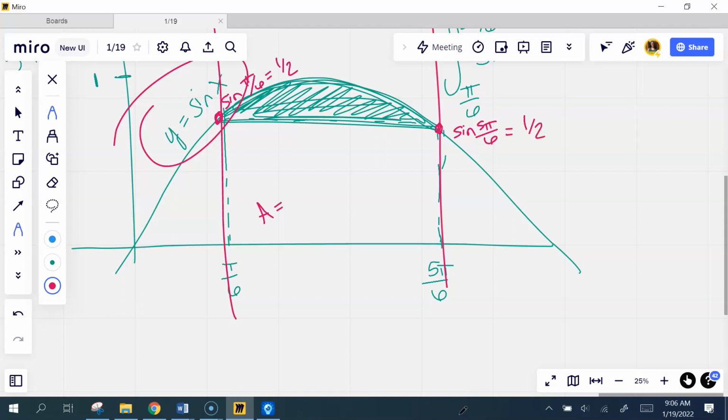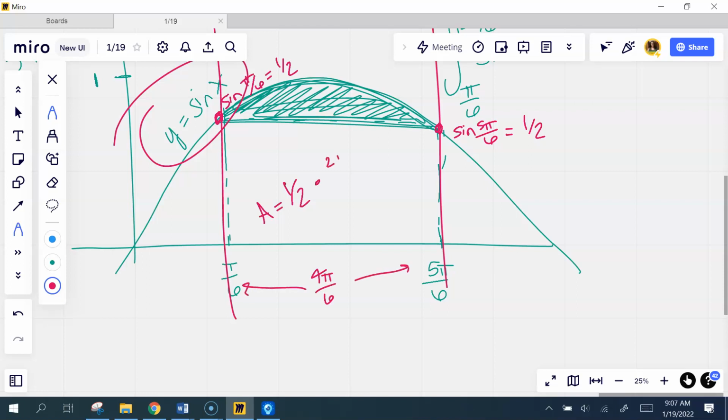This is also up in the top two quadrants. Okay, so the area here. I need to give y'all some unit circle practice. All right, so I'm going to go 1/2 times, and that's the height. What's the length? 5 pi over 6 minus 1 pi over 6 would be 4 pi over 6.